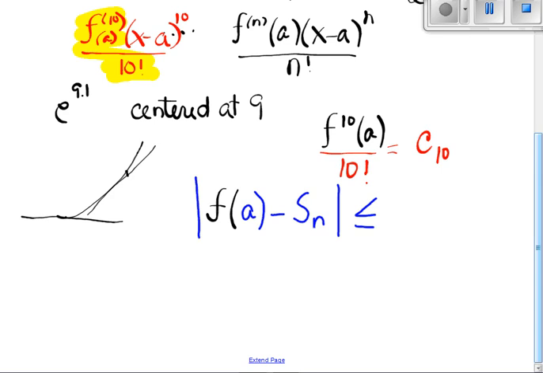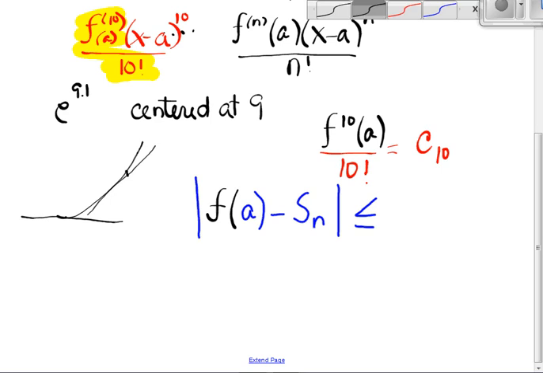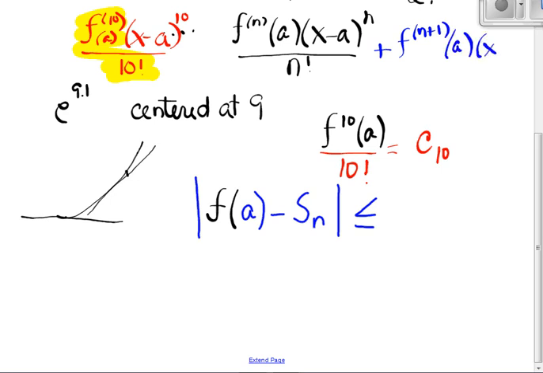It's f^(n+1)(a) times (x minus a)^(n+1), all over (n+1) factorial.